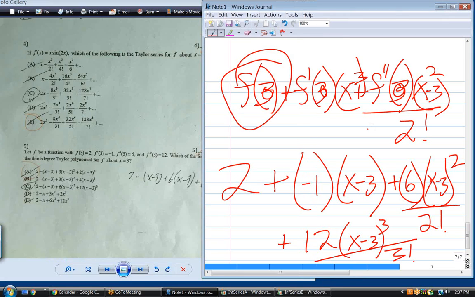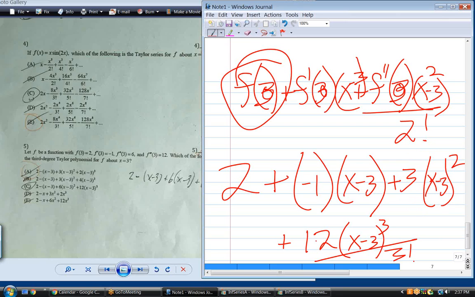And again, with these answers, notice that we have to convert. That 6 divided by 2 factorial becomes a 3. Right? Okay, so if I convert that, take away the factorial, put the 3 there.